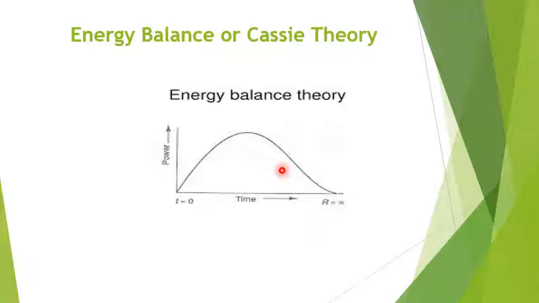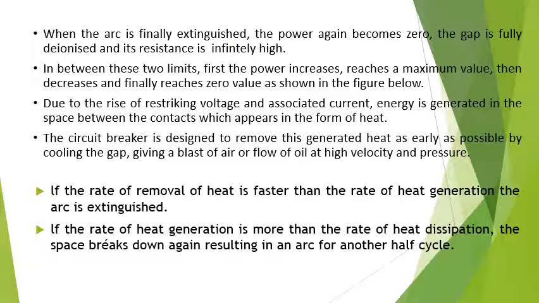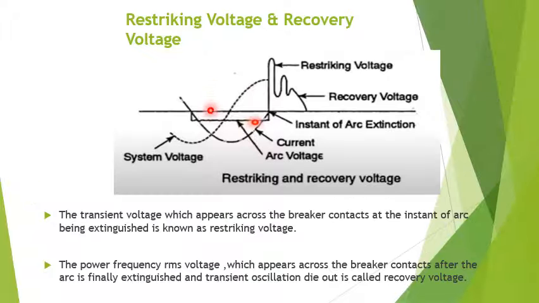Right. So we'll look at exactly what the restriking voltage, the arc voltage, the system voltage, and the recovery voltage are. This is the system voltage waveform. This is the current. The arc is quenched at current zero, so at this point the arc is extinguished.